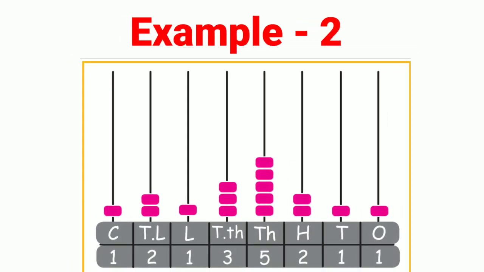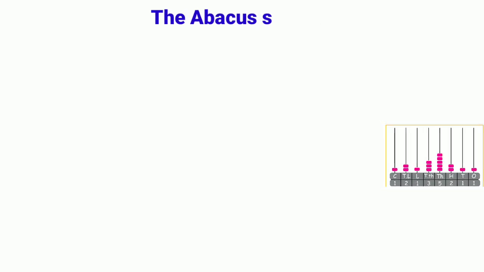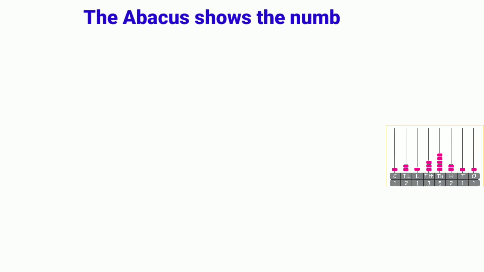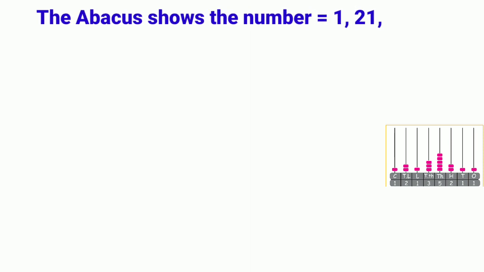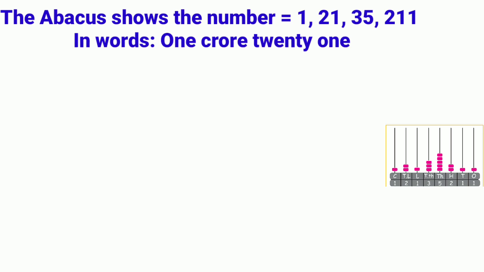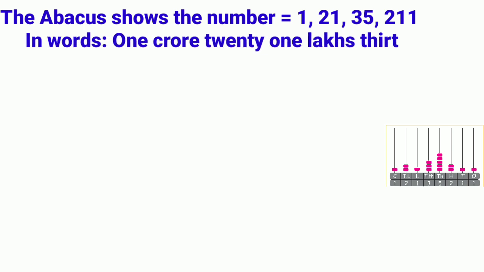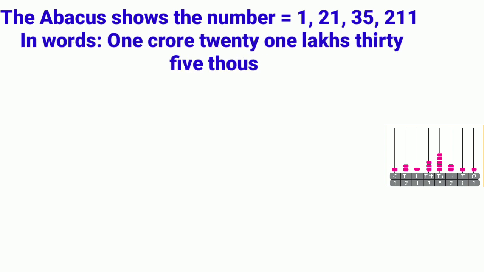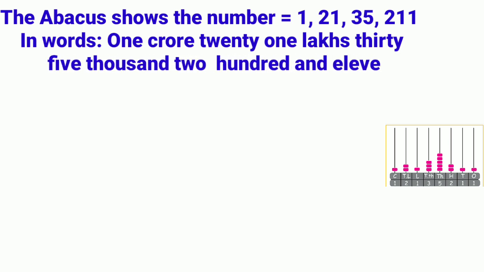Next, see example 2. The abacus shows the number 1 crore 21 lakhs 35,211. Write in word form: 1 crore 21 lakhs 35,211.